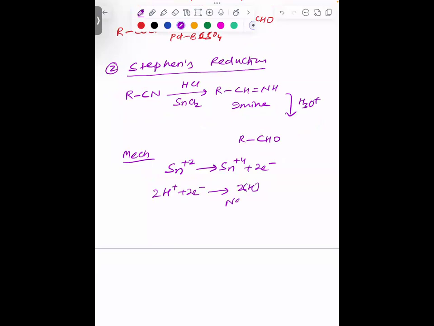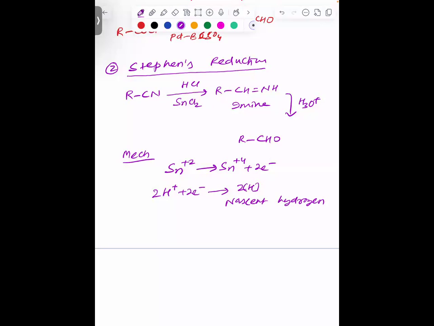So these are nascent hydrogen. Nascent means newly born. Hydrogen generally exists in 3 forms: molecular form, atomic form, and nascent hydrogen. The most stable is molecular form H2, then atomic form, and nascent hydrogen is more reactive.